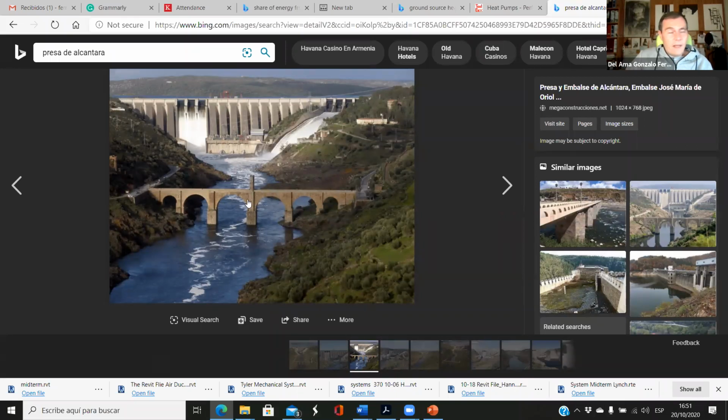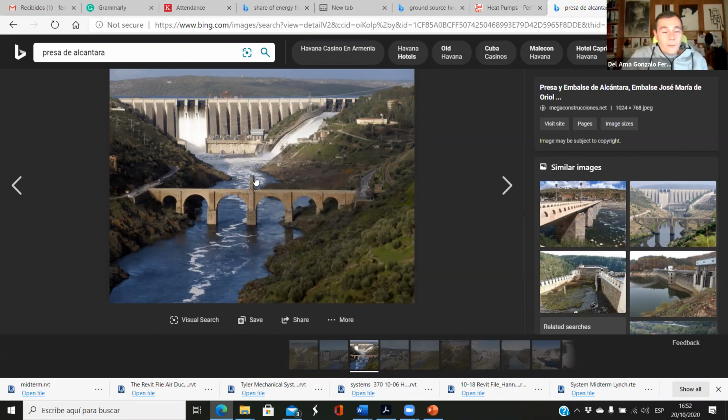This bridge is like 2,000 years old or more. I don't know. Yeah, thousands of years. And this is the Tagus River. And look at this, it's a beautiful landscape. When we were kids, we all went to see this bridge because it's something outstanding. It comes from Roman times, and it's still there.